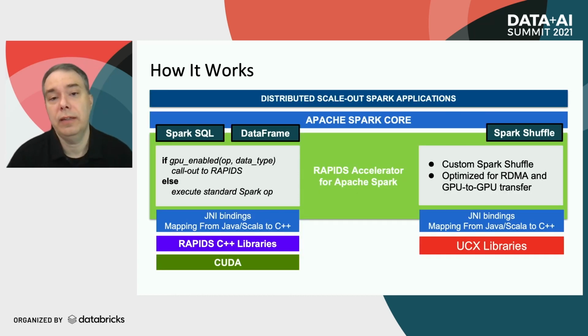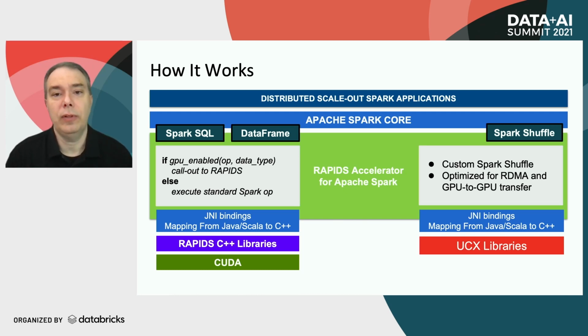More specifically, inside the core of Apache Spark, there is a SQL optimizer called Catalyst. It takes data frame operations and SQL operations, and it provides a plugin interface for optimizers. And that's how the RAPIDS Accelerator hooks into Apache Spark as a plugin. It plugs into Catalyst.